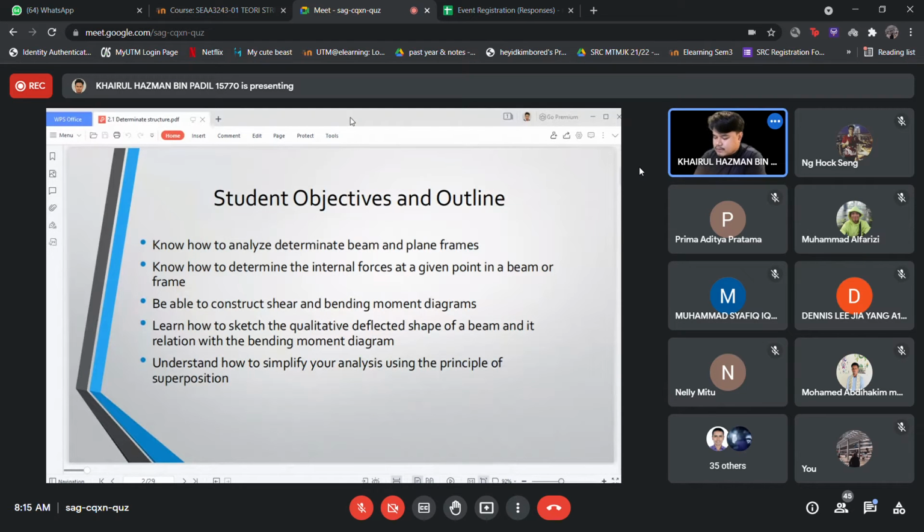Since we will have indeterminate structures, which means you can't solve a structure using only equilibrium equations. Using only equilibrium equations, you can solve a structure which has quite a few numbers of reactions.